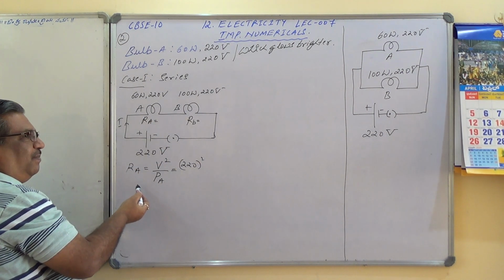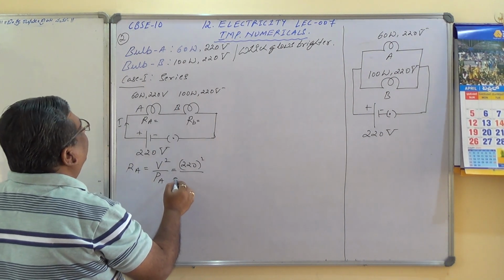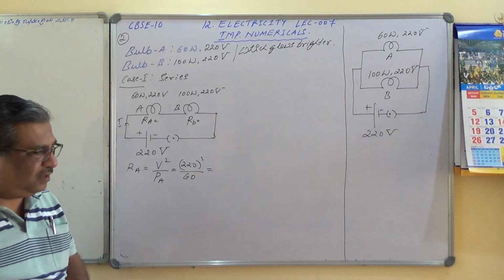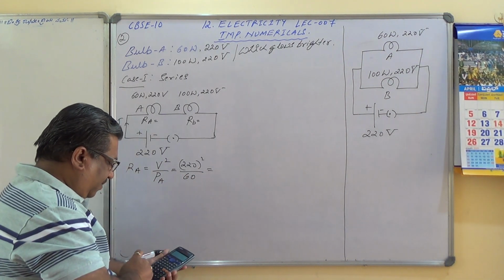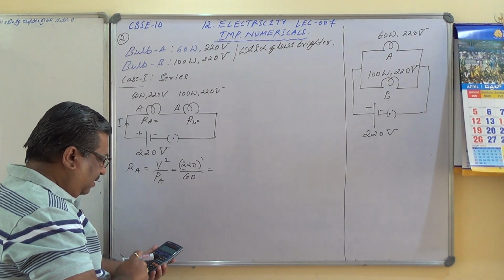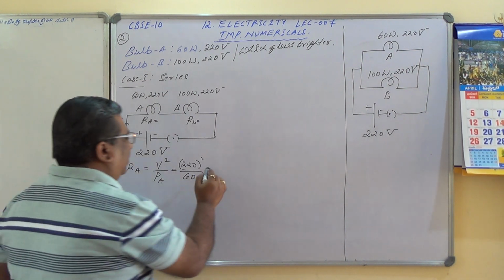This resistance is being calculated based on the power rating, 220 volts square divided by power A, 60 watts, which equals 220 into 220 divided by 60, which gives me 806.67 ohms.